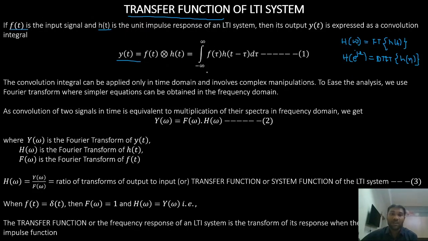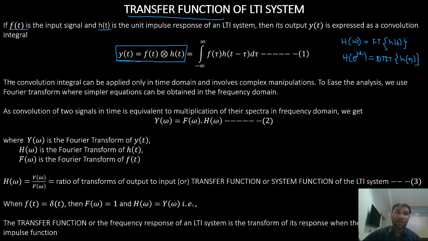The convolution in the form of an integral is written as the integral from minus infinity to infinity of f of tau h of t minus tau d tau. Y of t, h of t and f of t are continuous time functions.